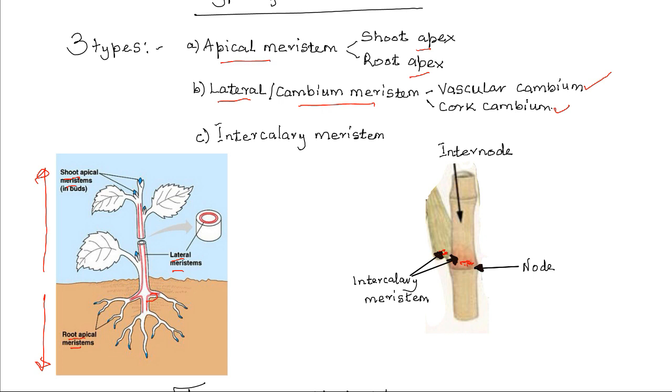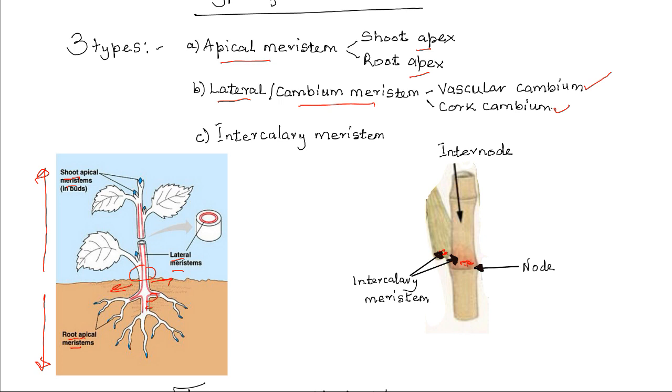These lateral meristems are responsible for the increase in the circumference of the plant. So they bring about an increase in the circumference of the plant. The stem and the roots become wider.